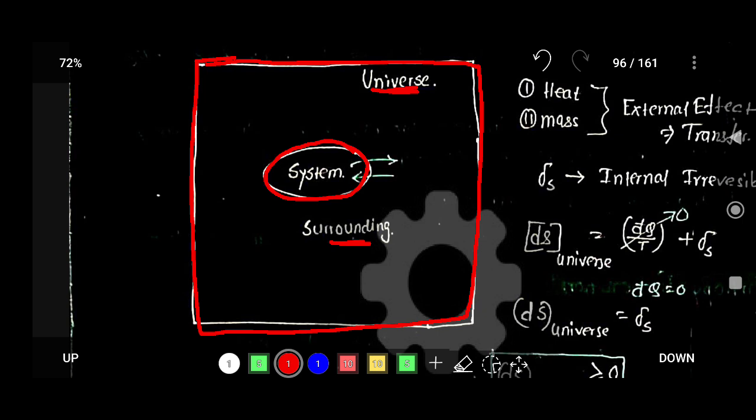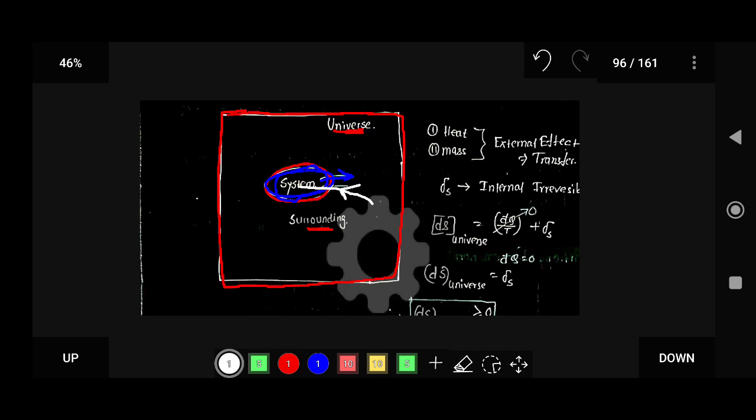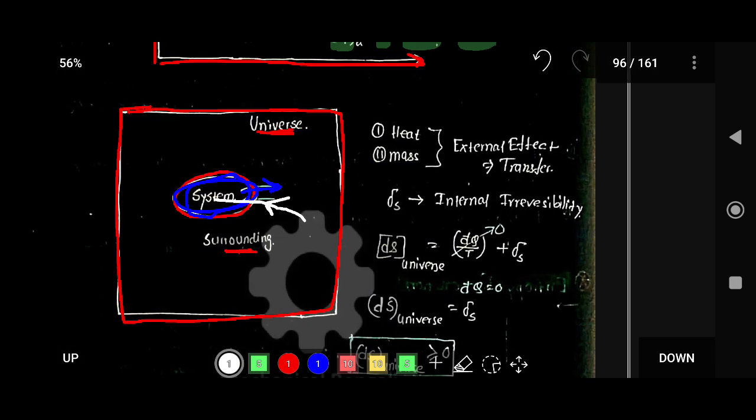So this is our boundary, and through this boundary heat is transferred from the system to the surrounding, and heat may transfer from the surrounding to the system. Basically heat may transfer through this boundary and mass may transfer through this boundary. So this is the external effect, that is transfer.